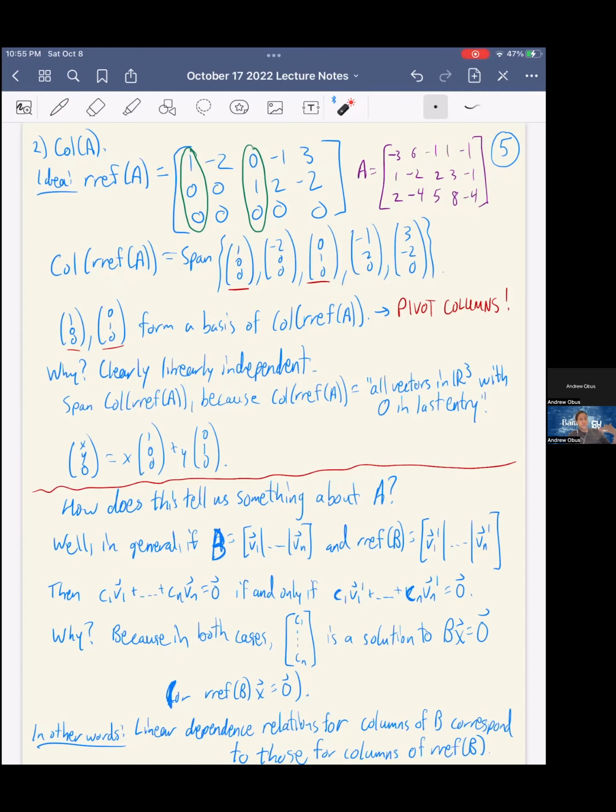But as this holds for the row-reduced echelon form, the same thing has to hold for the original matrix, right? So if this column right here, the fourth column, is -1 of the first column plus 2 of the second column, then the same linear relation has to hold for this fourth column here.